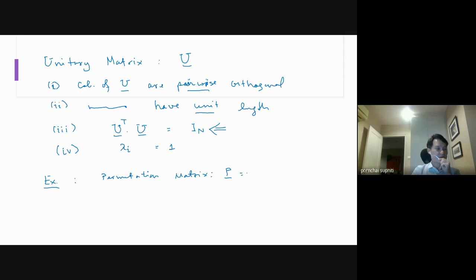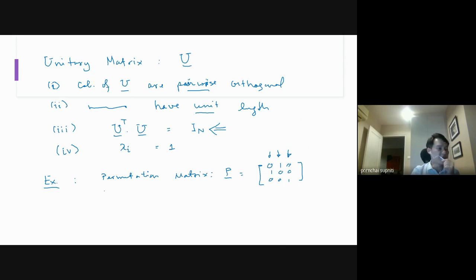For example, for a 3 by 3 like this, you find that any two columns are orthogonal or independent in a way. Each column also has unit length, that's the second property. Property number 3, we learned this already. And lastly, if you find the lambda, you get 1.